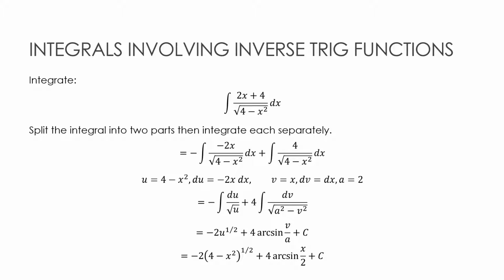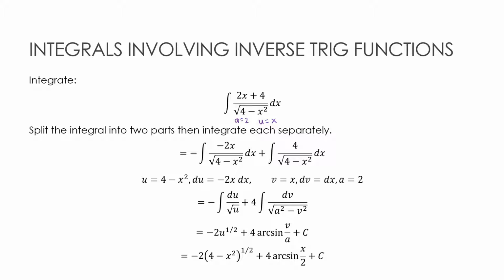You might also end up with an example that doesn't fit any of our patterns. So obviously if I started with this one, I would say a must be 2 and u must be x. And that's all well and good, except that the numerator doesn't fit and I can't make it fit.